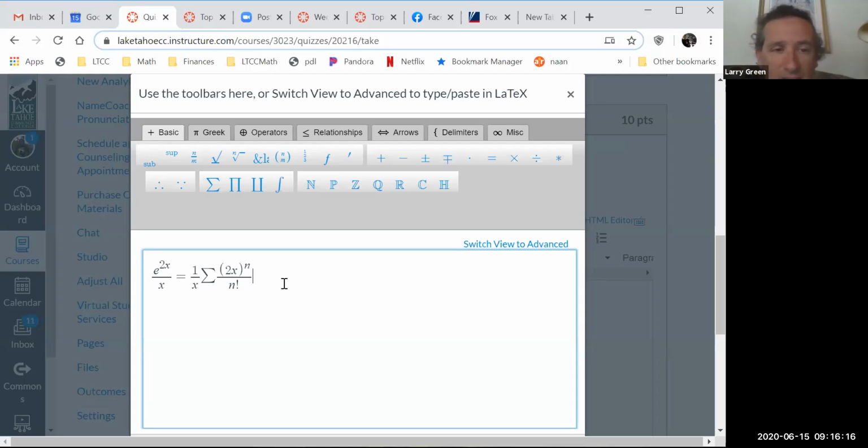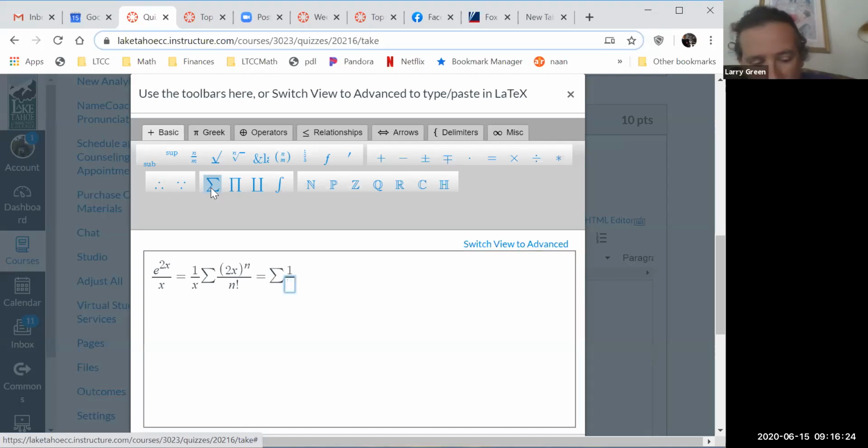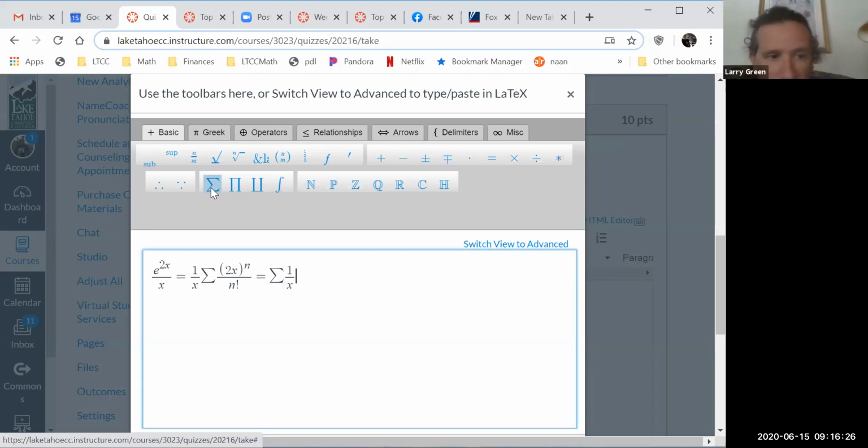Nothing too fancy here. That's equal to, I can bring the 1 over x in, so summation of 1 over x, and I could take the 2x to the n and write it as 2 to the n times x to the n. Any questions on that?